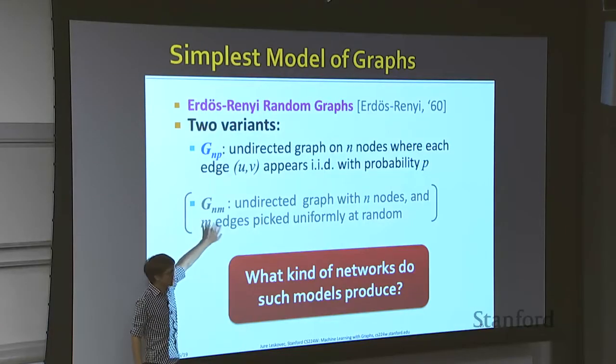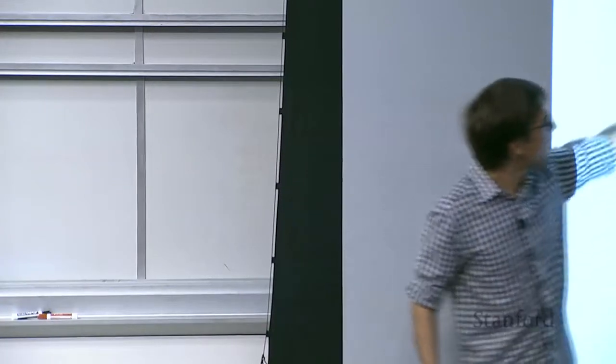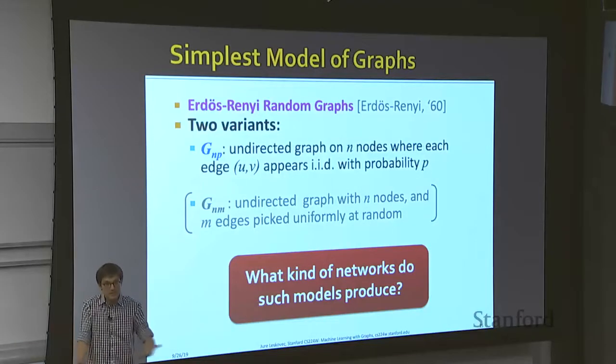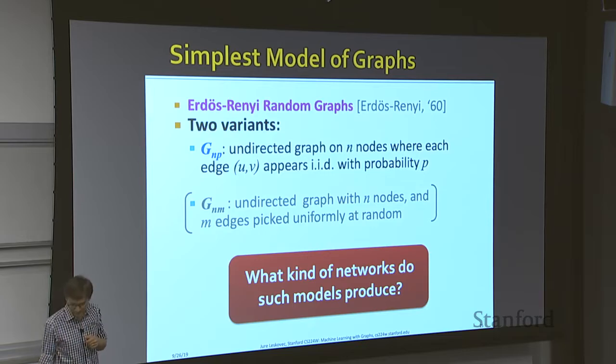Another definition that's very similar is G(n,m), where n is the number of nodes, but m is the number of edges, right? So in the first one, the total number of edges is a probabilistic event, while here the total number of edges is exactly m, which I place uniformly at random among all pairs of nodes, right? And the question is, what kind of networks does this simplest possible model produce?